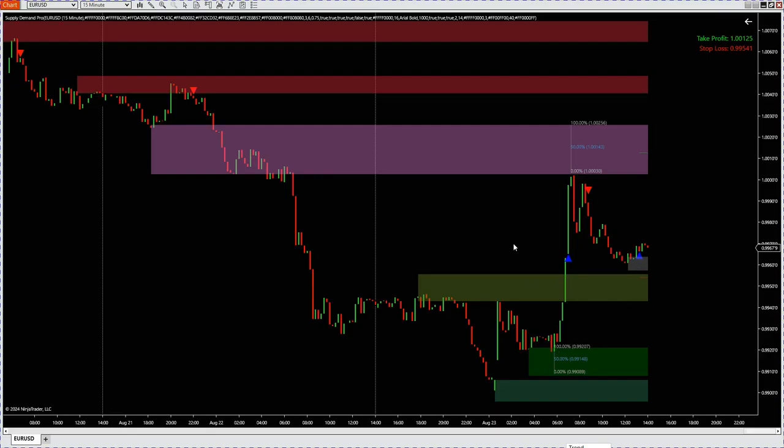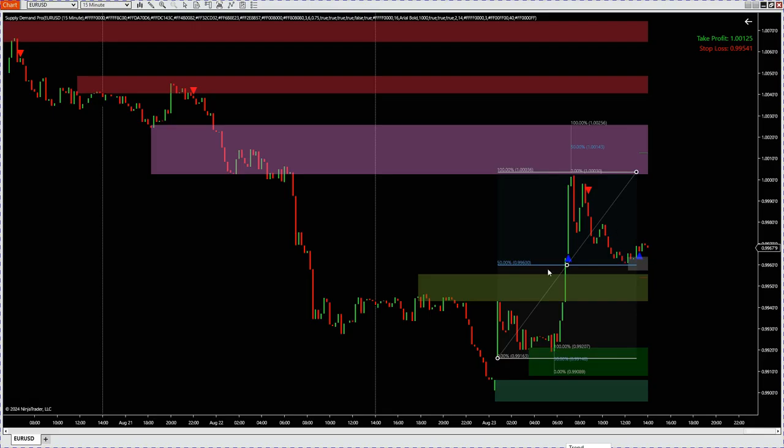If we take another one of those Fibonaccis and place it from the entire price move, from there to here, we can see that the 50% level of the price move is right where this gray weak zone is.